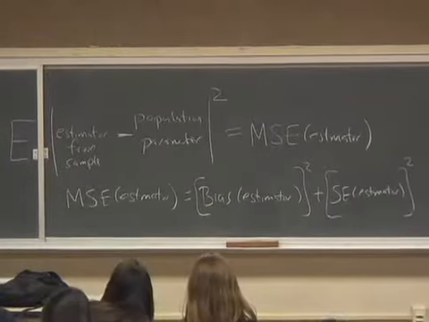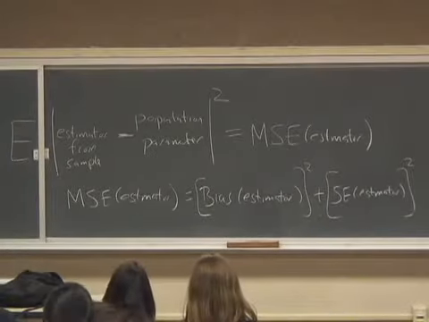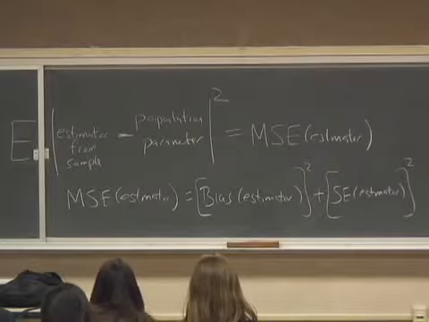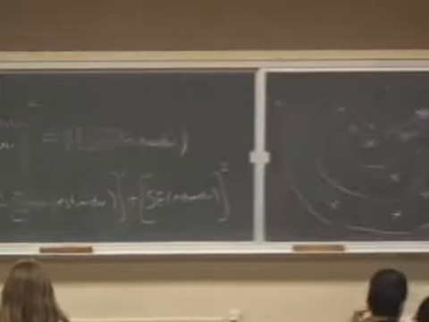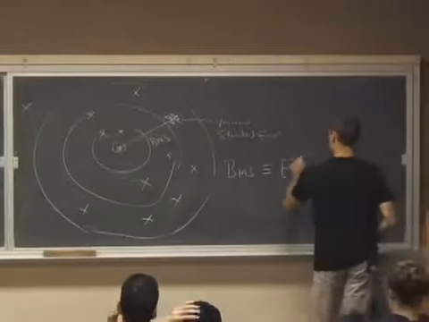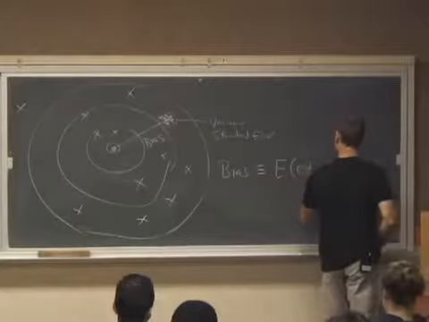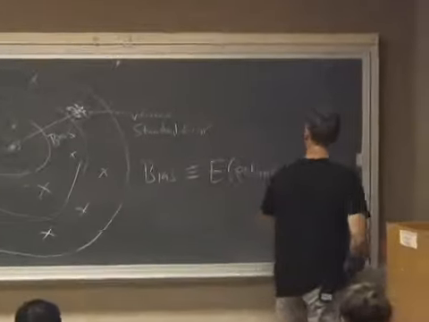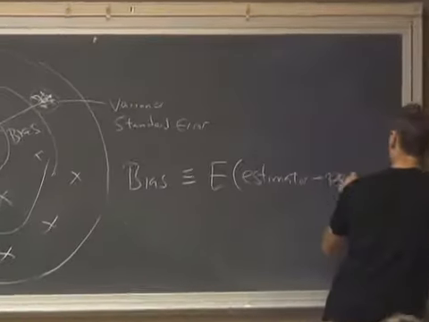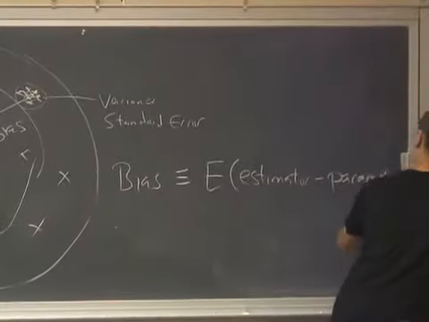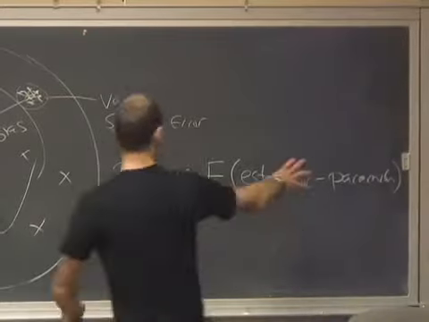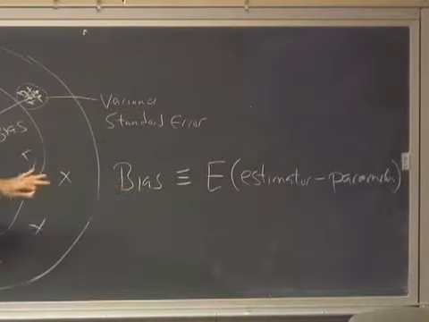What is the bias of the estimator? The bias is defined to be the expected value of the estimator minus the parameter, with no absolute value sign. It's just, on average, what does the estimator give you?